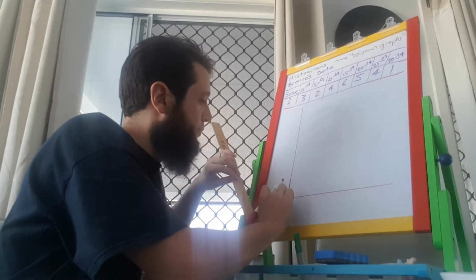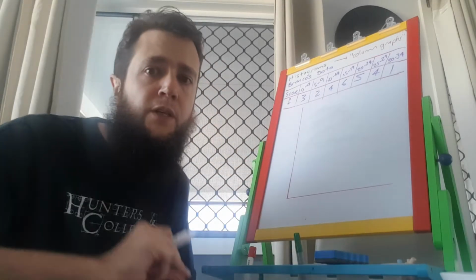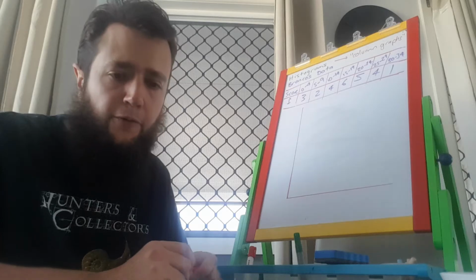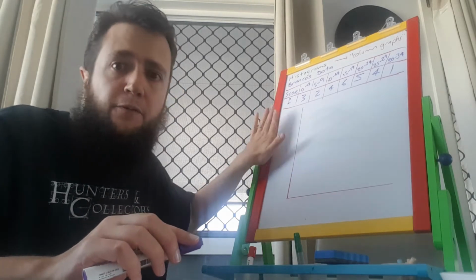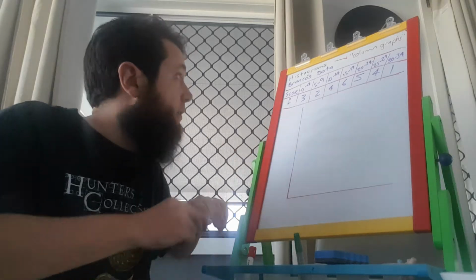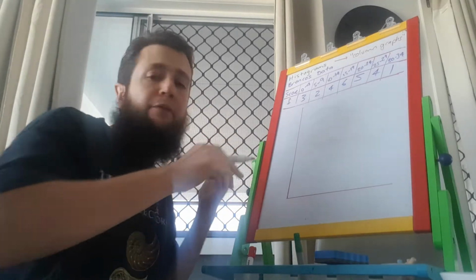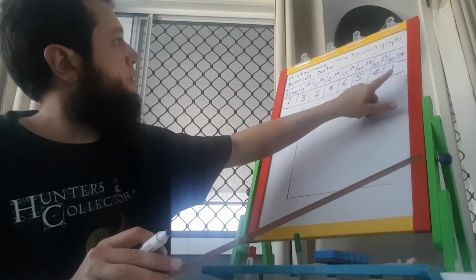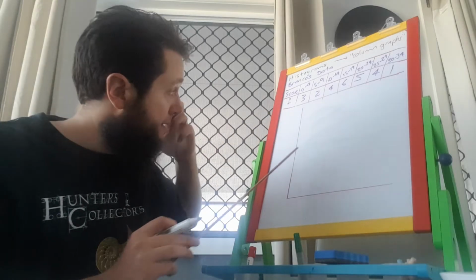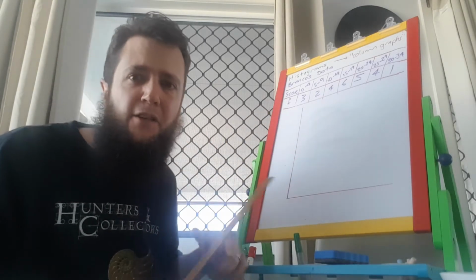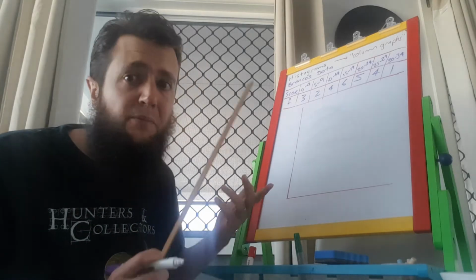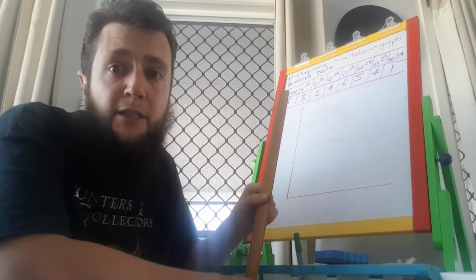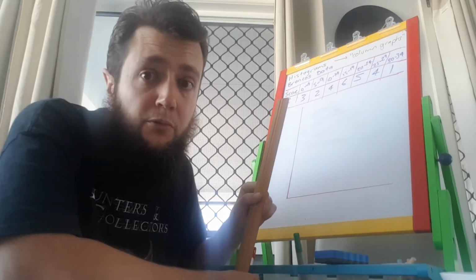But we need to work out what sort of values we're going to put on it. Now, when you're doing a frequency table into a graph like this, frequency is always the dependent value. It's always frequency going up. I may even write that in first, but look, what do our frequencies go from and to anyway? So the smallest frequency is 1, the highest is 6. So we only need to represent numbers between 0 and 6 on here. If you were doing that in your notebooks, it might be every 2 centimetres on your ruler, every 3 centimetres, maybe every 1 if you wanted to do a very small graph.